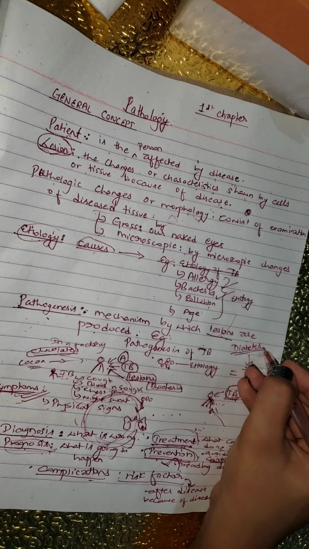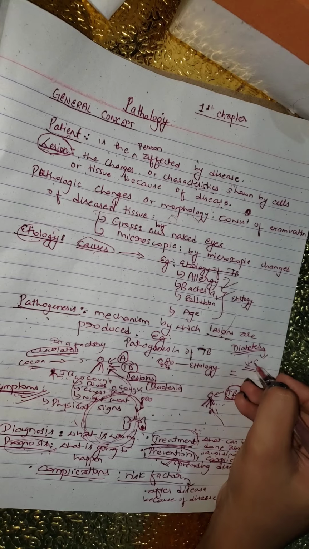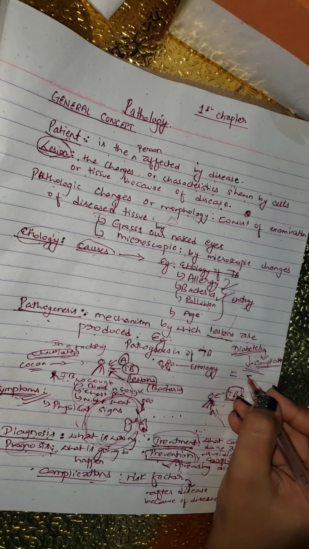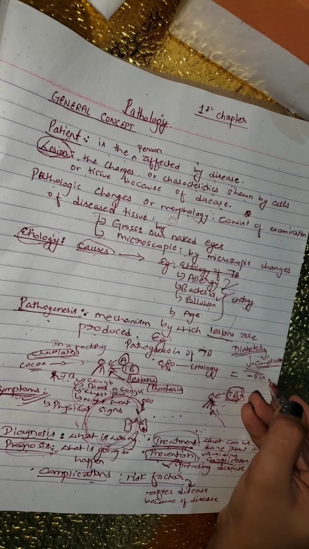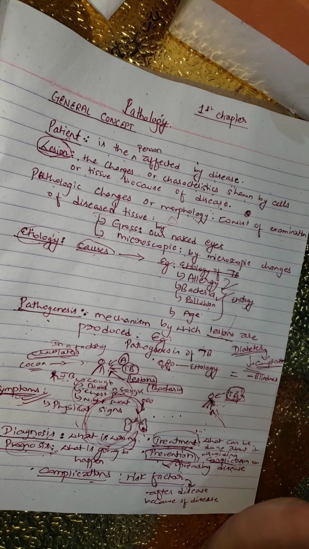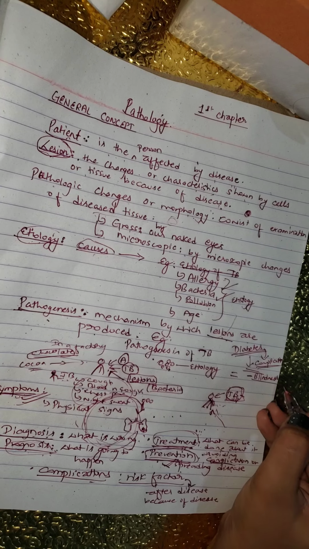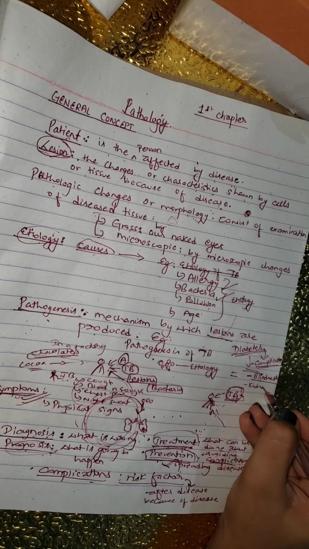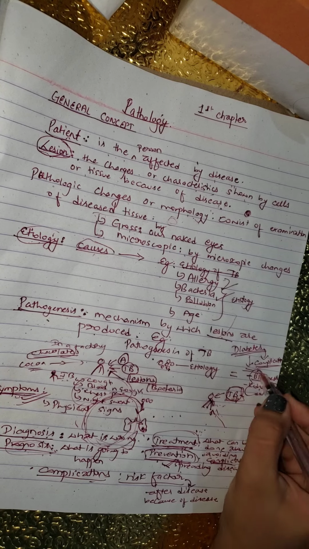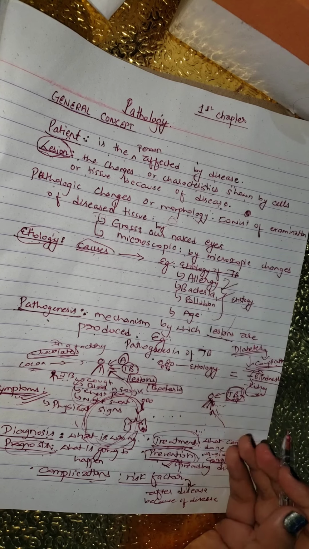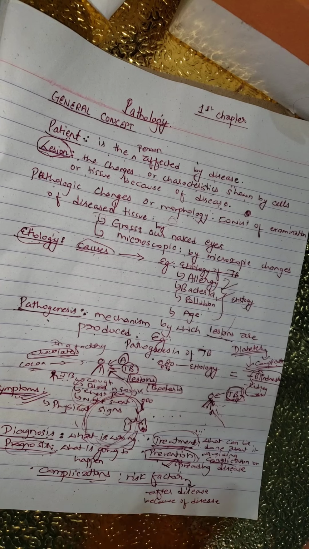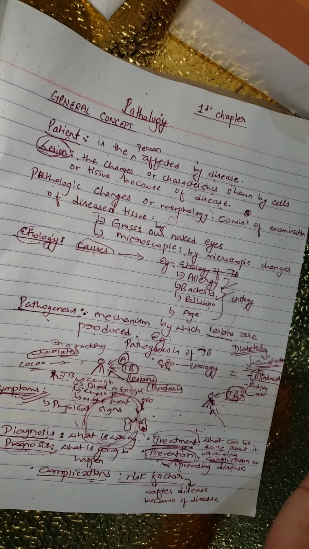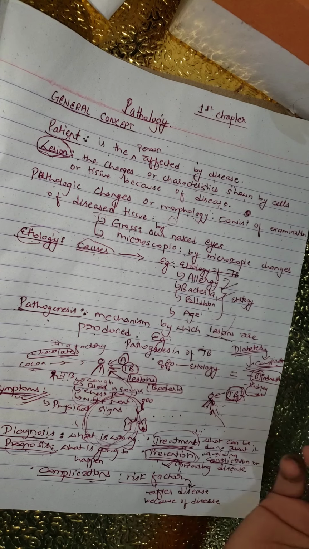Because of diabetes, the complications of diabetes are blindness, which is called diabetic retinopathy, but we can easily call it blindness, or kidney diseases or whatever. These are called complications. So complications are all those risk factors which can arise from disease, through disease, or after disease.